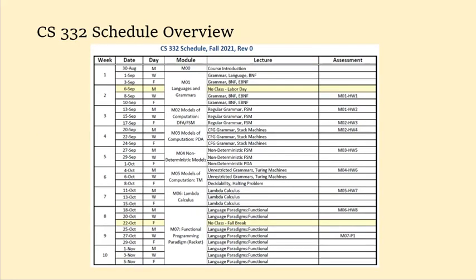Our schedule, one of the benefits of the pandemic was reorganization of courses into a more meaningful way, maybe. So everything is broken up into modules, and we start out with languages and grammars, move to models of computation, just deterministic finite automata, another model of computation, the pushdown automata.